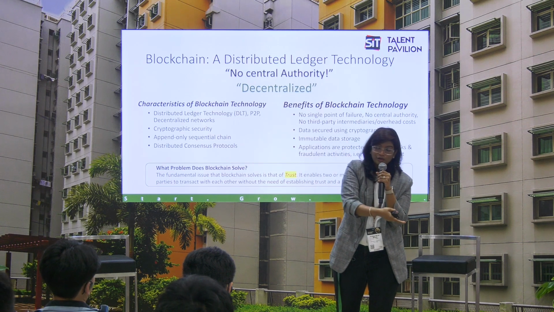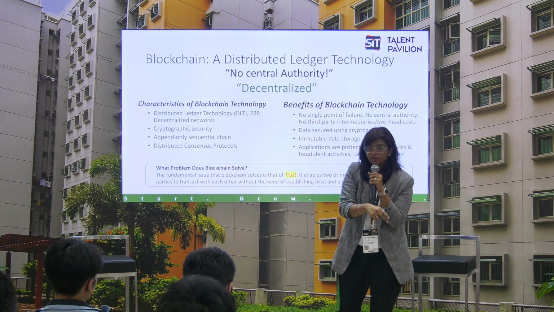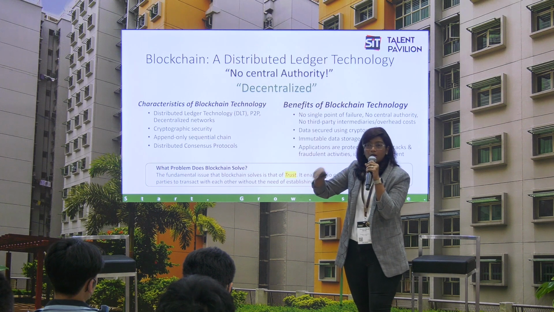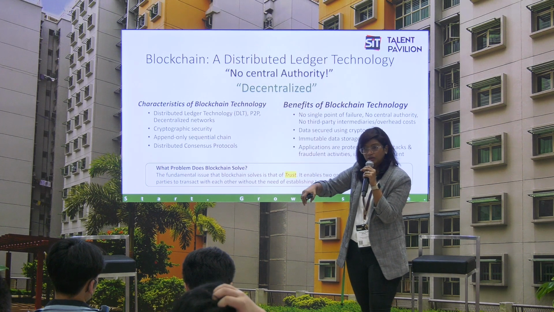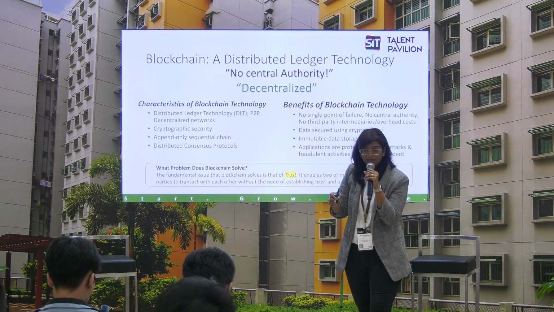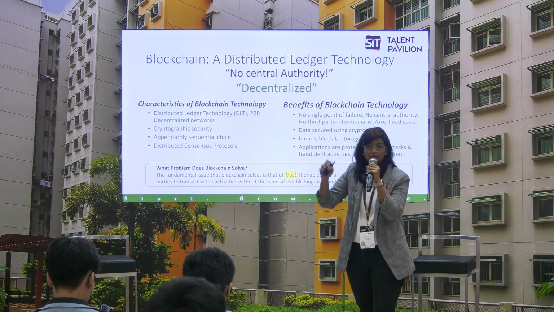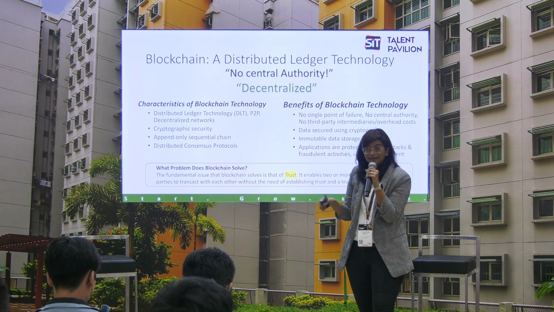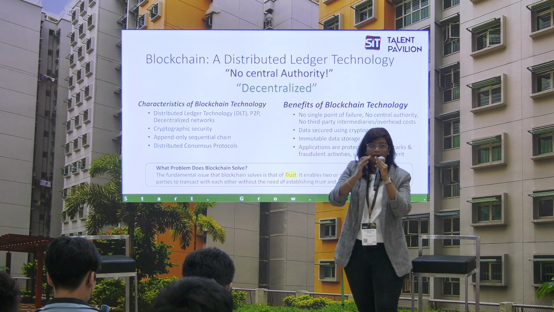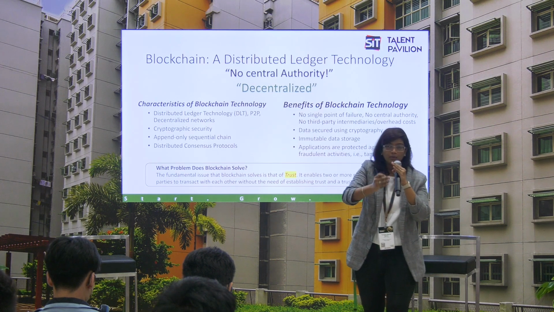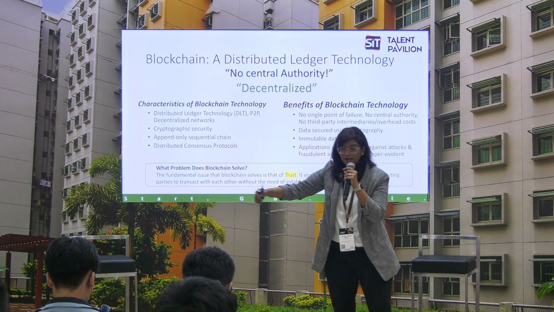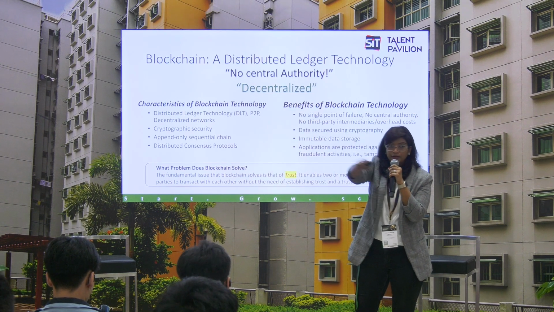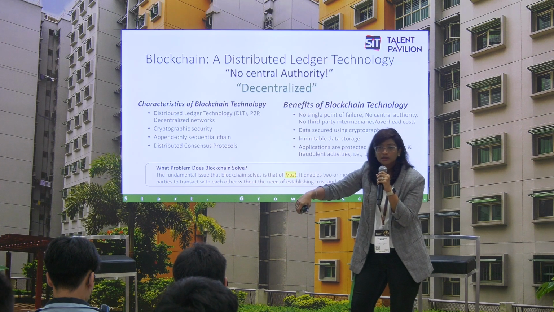You have an alternate, backup server to go through, but all your record is on the same server. If you have a record A, the whole record A is on server A. With blockchain, it is decentralized, which means your record A is divided into A1, A2, A3, A4, A5, and stored across different servers, not the same server.